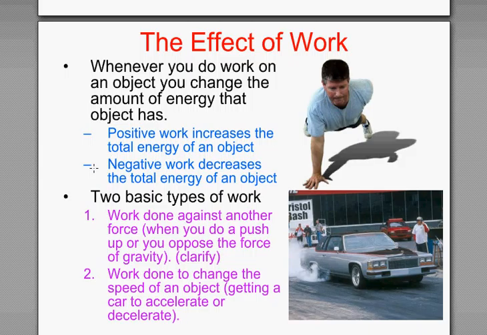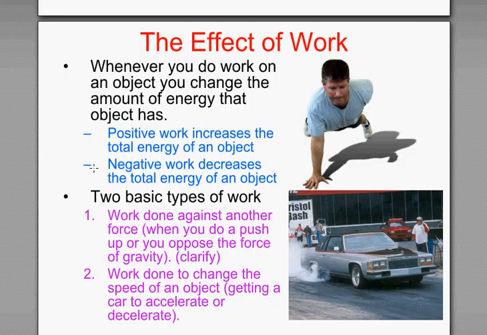Two basic types of work. Work done against another force: when you do a push-up or you oppose the force of gravity, you're actually doing work against a force. You're giving yourself potential energy. You're overcoming the force of gravity. You push down to go up.